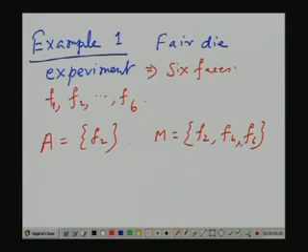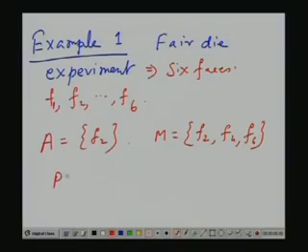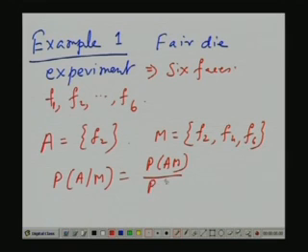Then, subject to the fact that M has occurred, that is, we are only considering those cases where the face that shows up on top is an even one, under that circumstance, what is the probability that the particular face is neither F4 nor F6, but F2? By your formula, P(A|M) will be P(A ∩ M) by P(M).